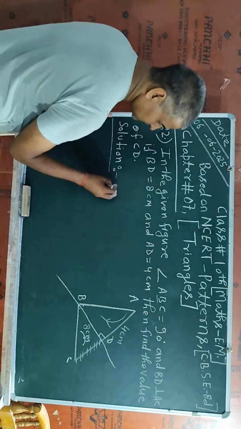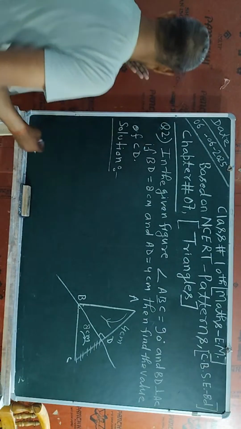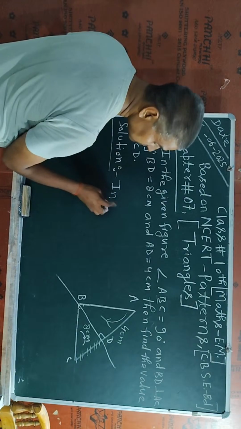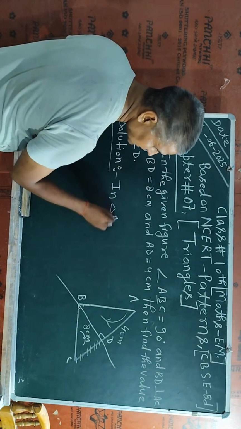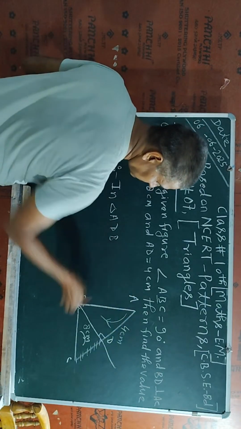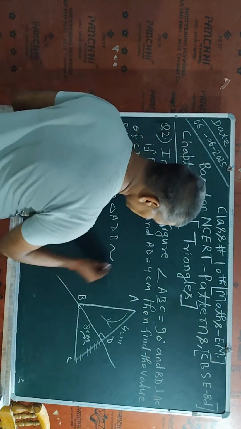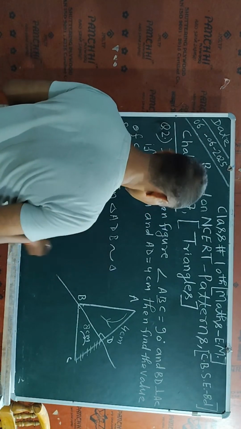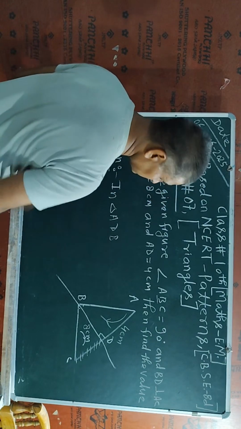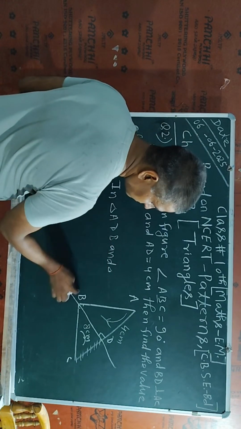So here I will write, according to angle similarity criteria, in triangle ADB, triangle ADB will be similar to triangle BDC.